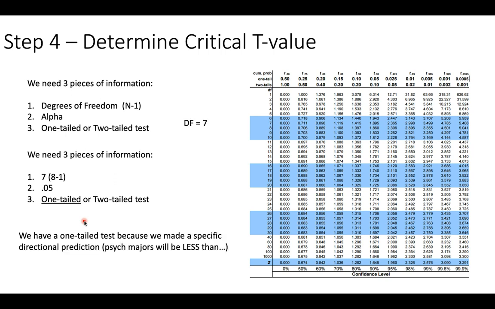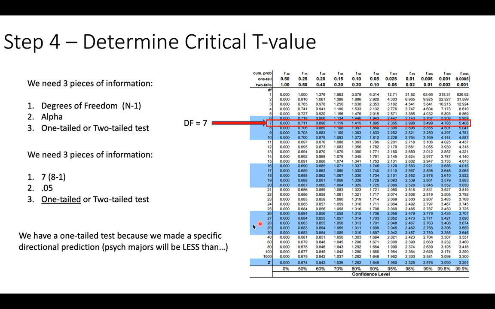So first, we have 7 degrees of freedom, so we know that we're going to be operating on this row of 7. Now, for future reference, you can see that this table does not have an exhaustive list of degrees of freedom. Once we hit 30, it starts jumping around a little bit, 30 to 40 to 60 to 80, 100, 1,000.